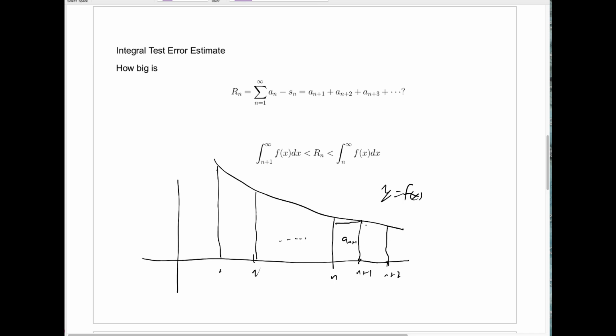This rectangle has area a sub n plus 2, etc. So if I add up all the terms a sub n plus 1 plus a sub n plus 2, on and on, and get R sub n, that'll be less than the area underneath the graph of f, starting with x equals n and going out to infinity. That's exactly this term here. So that tells us that R sub n is less than this integral from n to infinity of f of x dx.